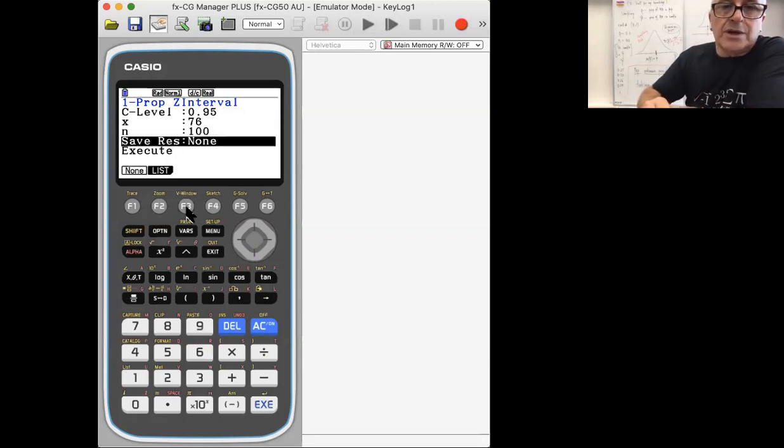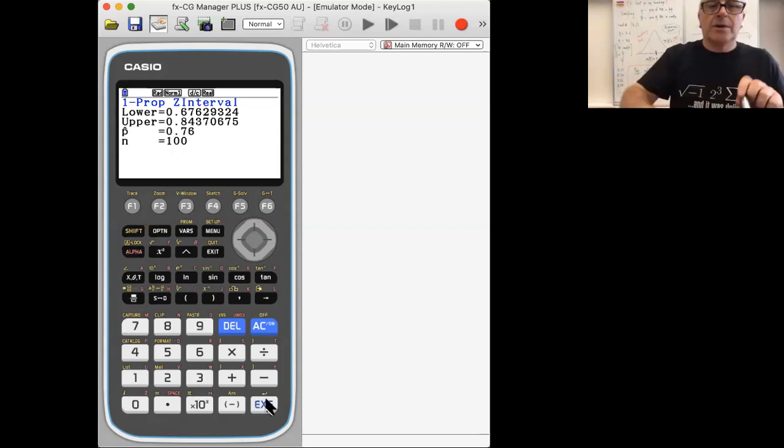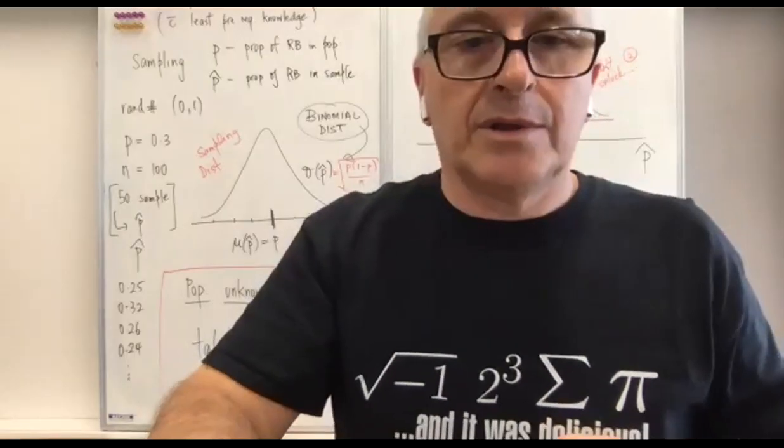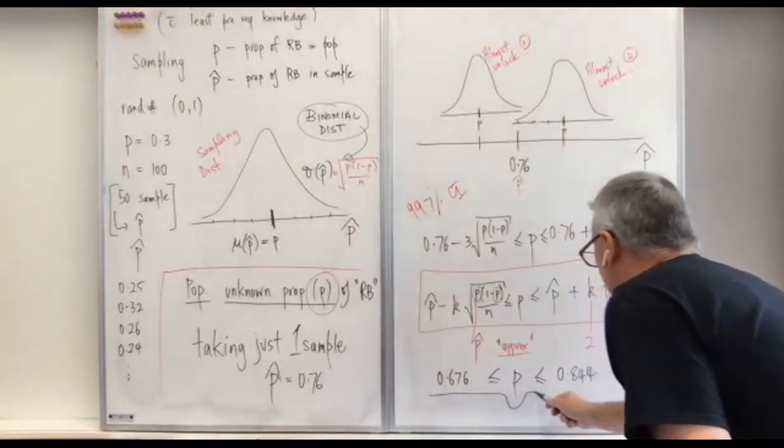And if we compute that, then it tells us this interval is in fact going to be between 0.676 less than or equal to p less than or equal to 0.844. So let's just come back to the board. Can we see that down the bottom? Yeah, we can.